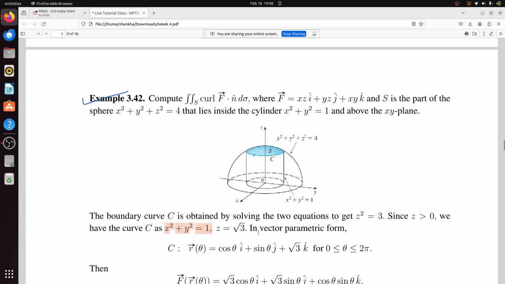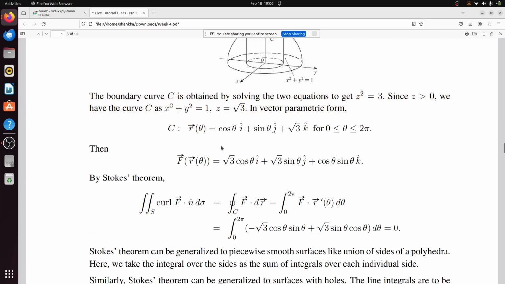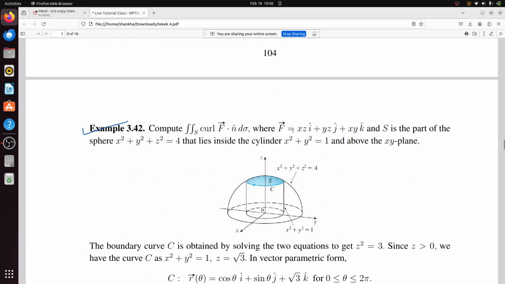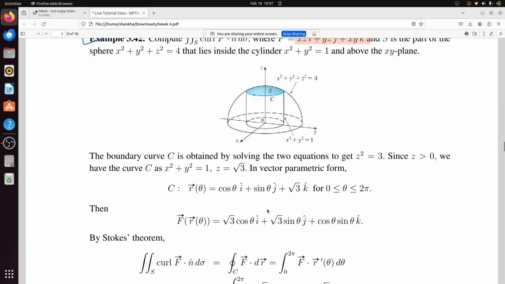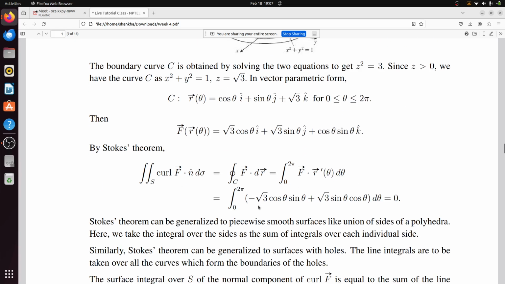So z equal to square root of 3. Use parametric representation. Now put it here in the vector form. You put x, y, z of the parametric form. X equal to cos theta, y equal to sin theta, z equal to square root of 3. Same procedure. To determine curl f dot n d sigma, this is actually f dot dr. This is just the line integration we are doing, and you will get the answer to be 0.